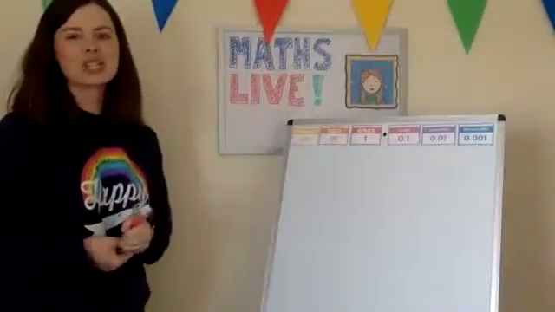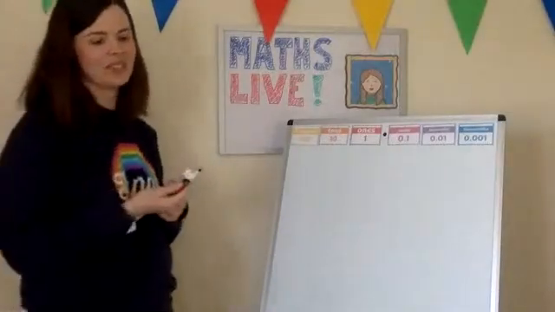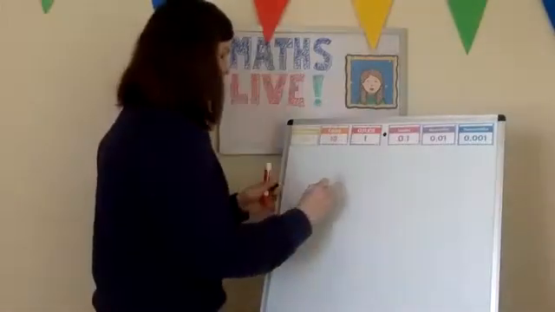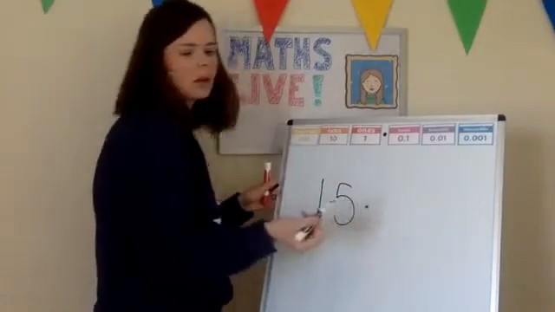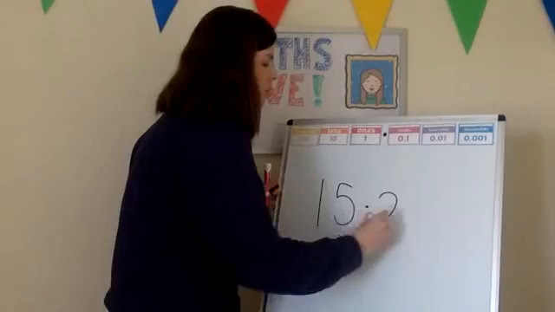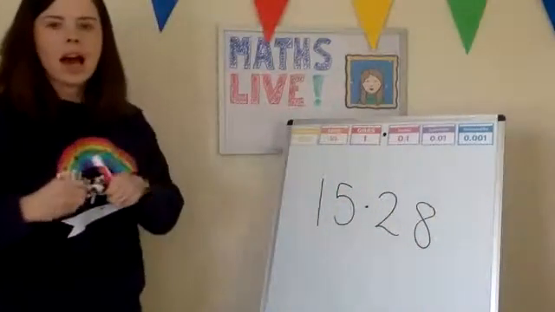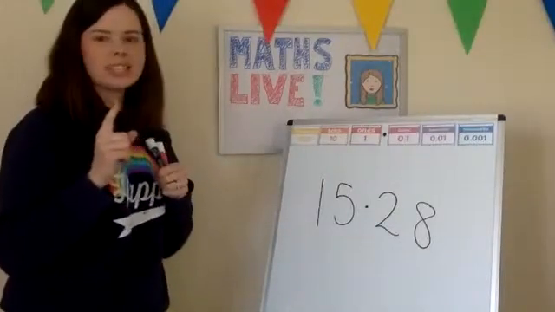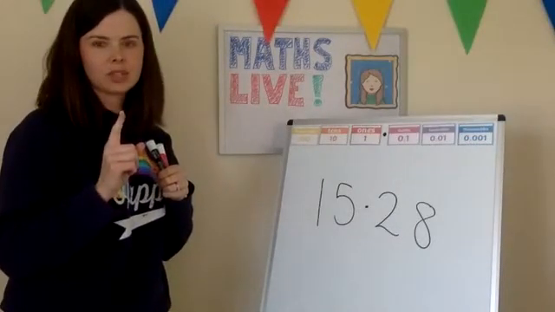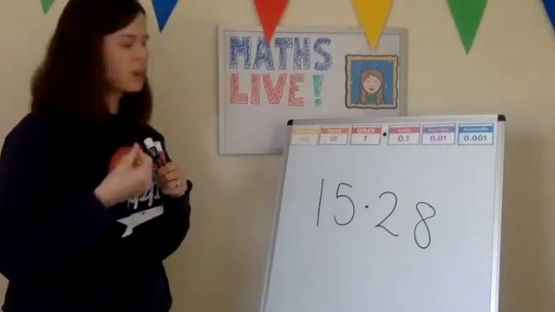This is going into tomorrow a little bit. Okay, really keeping that brain ticking over. So here's a number: 15.28. I'd like you to, first of all, try and find the tenths digit. You don't need to write it down. Just see if you can spot it, say it out loud.